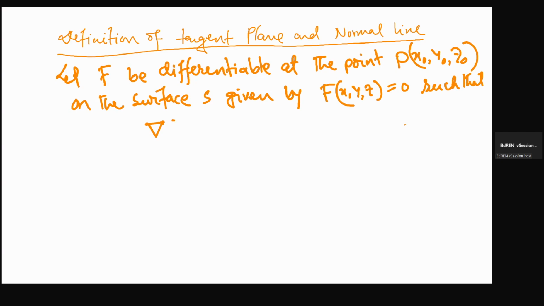That means nabla f of x naught, y naught, z naught is not equal to 0.